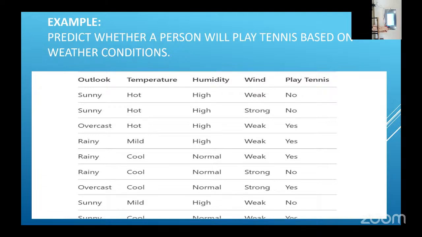We should judge whether that condition is correct or not. In this example, he has given the classified data as well as the predicted data. For each row, he is giving one prediction, whether to play tennis or not. Okay, next.